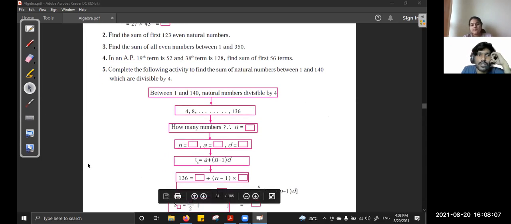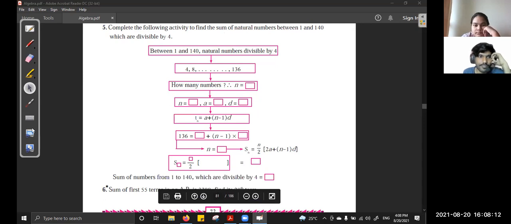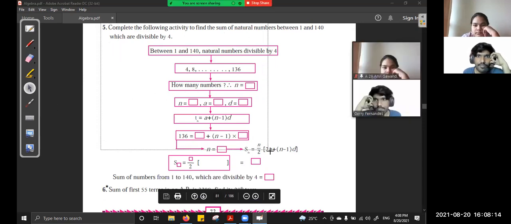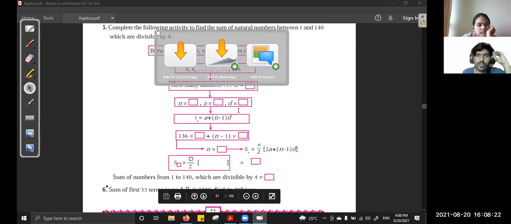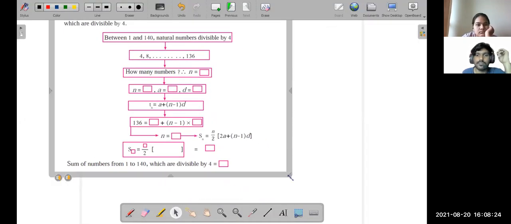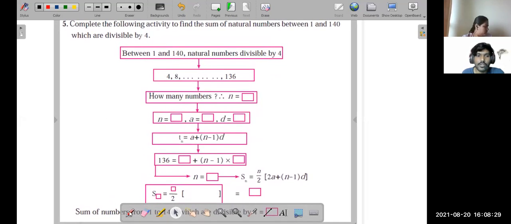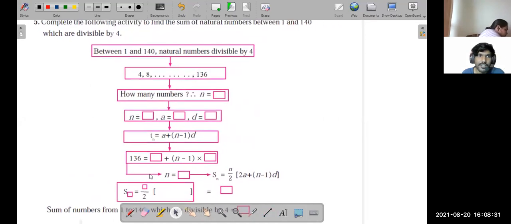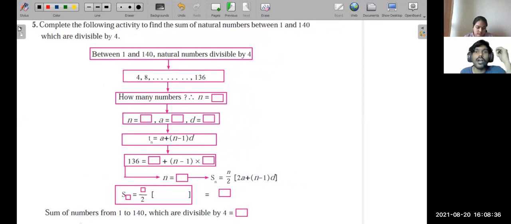Okay, let's do the activity. You have to complete this activity to find the numbers between 1 and 140 that are divisible by 4.